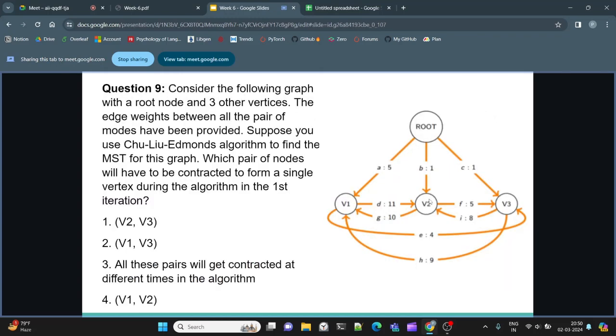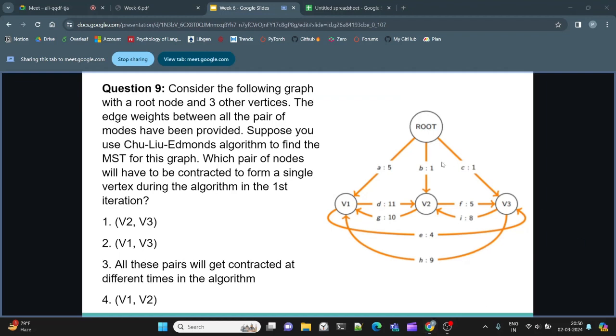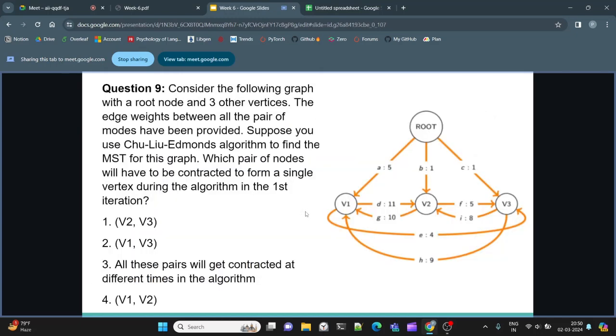Next, if I look at V2, what are the incoming edges? One is the edge B with a weight of 1. Next is D with a weight of 11, and we have this I with a weight of 8. So which is the maximum one? This one, D11. Next is for V3.